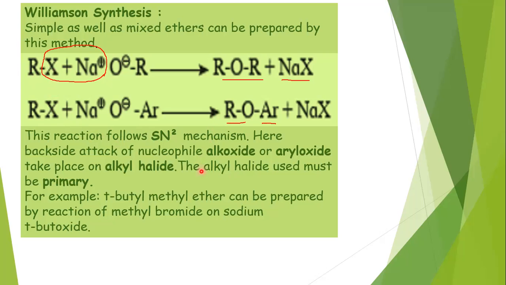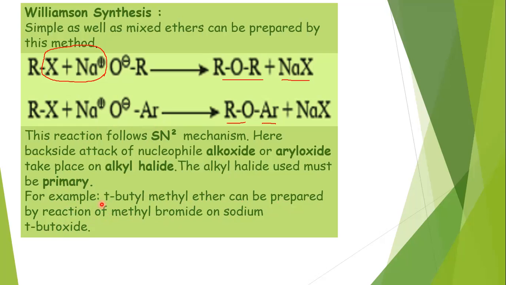The alkyl halide used must be primary, because SN2 reactions are favorable for primary alkyl halides. Okay, tertiary butyl methyl ether can be prepared by reaction of methyl bromide on sodium tertiary butoxide.